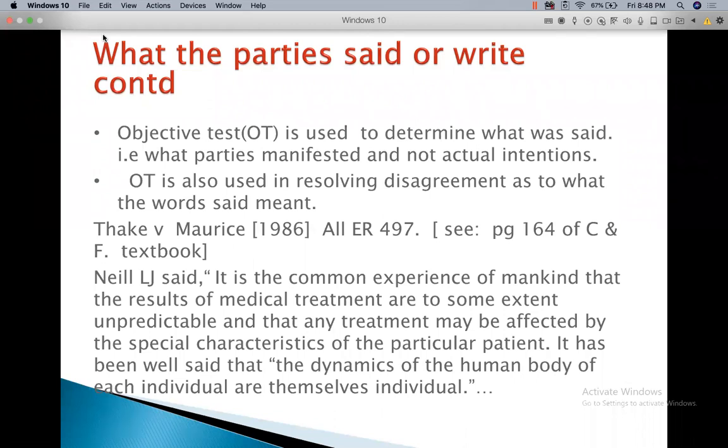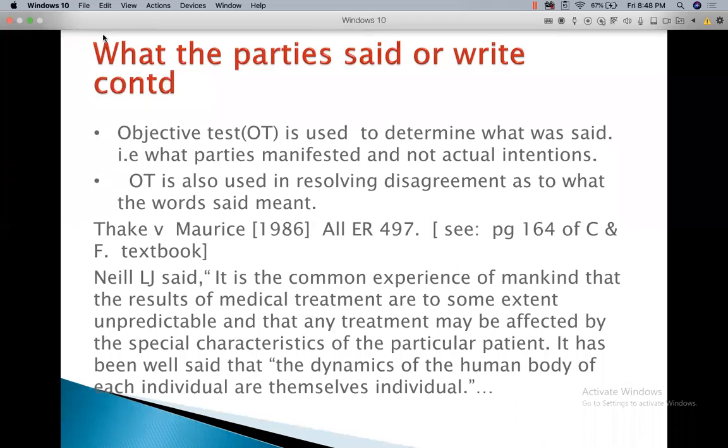They paid for it and all that. And eventually, after some time, they still got pregnant. So they decided to sue the doctor who provided the procedure. And they were claiming that the doctor had actually breached the contract.